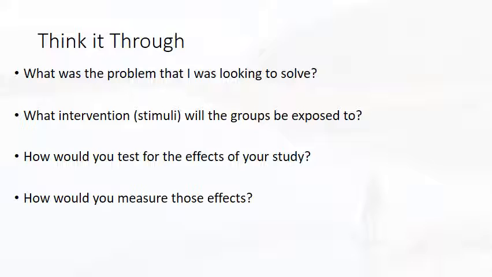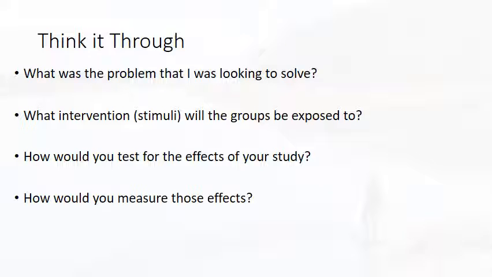Okay, so let's think this through by reviewing the process for ourselves really quickly through four different questions. The first question is what was the problem that I was looking to solve. The problem had to do with the environmental stimuli that my students were being exposed to during academic settings. Great, that was established through my philosophy and through discovering what the true problem was.